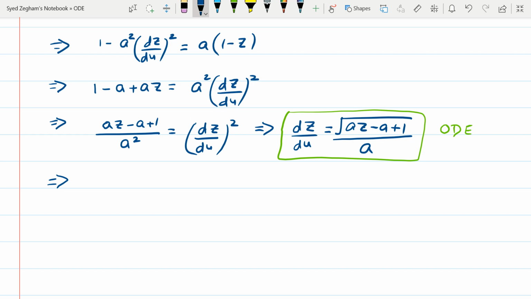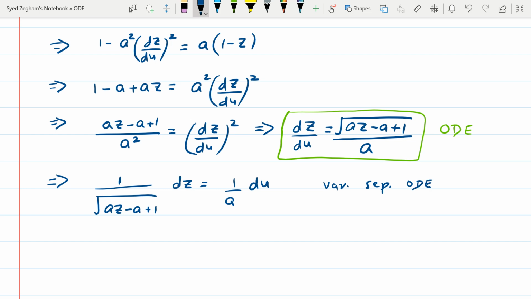So you can write it as 1 over square root of az minus a plus 1 with a dz, and on the right side you will have 1 over a with du, which is a variable separable ordinary differential equation.